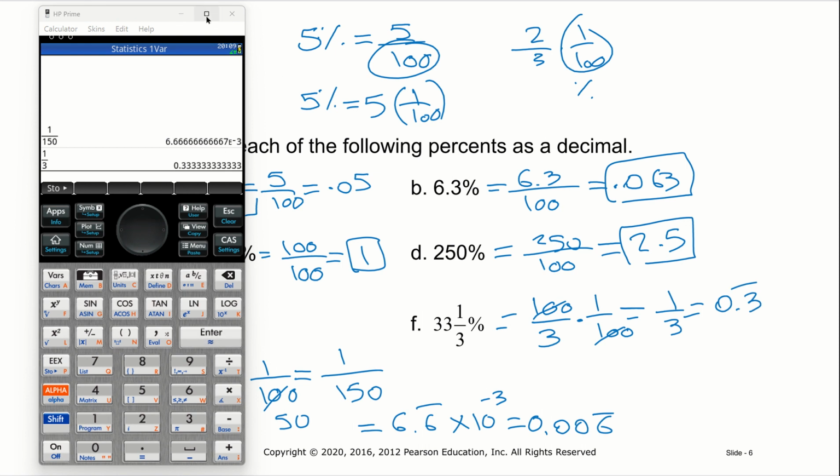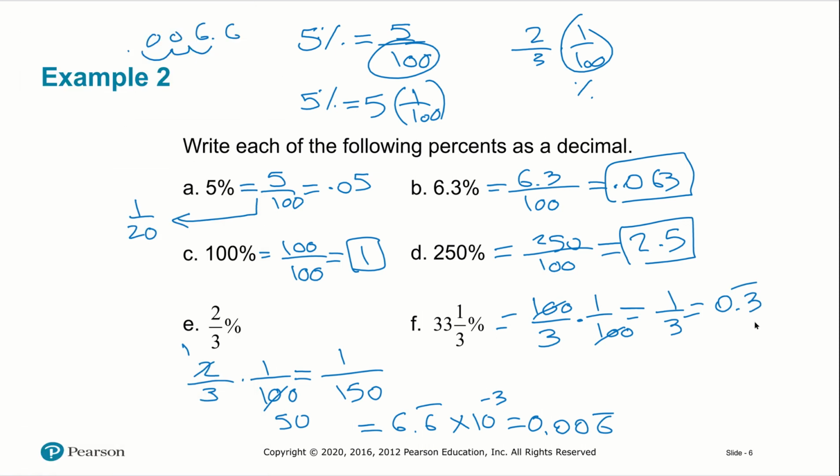Now do notice that when you write 0.3 bar, that is an exact answer. That's not an approximation. So that is just as good of an answer as 1/3 as far as being exact. All right, so that's how you handle that direction of conversion from percent back to a decimal.